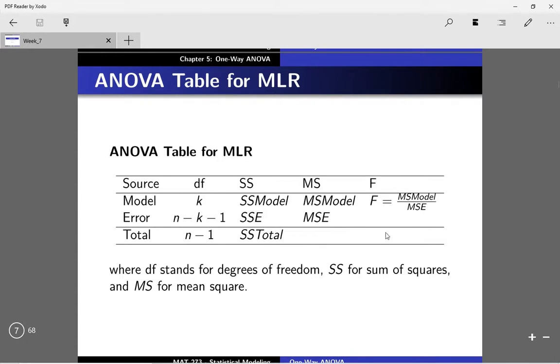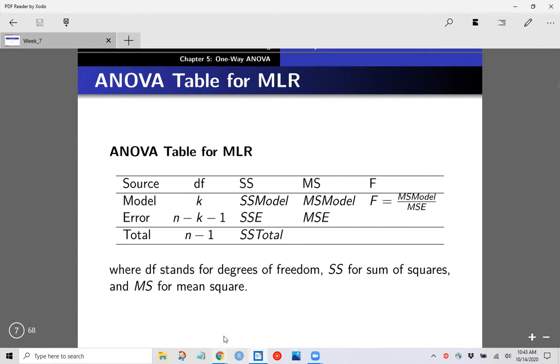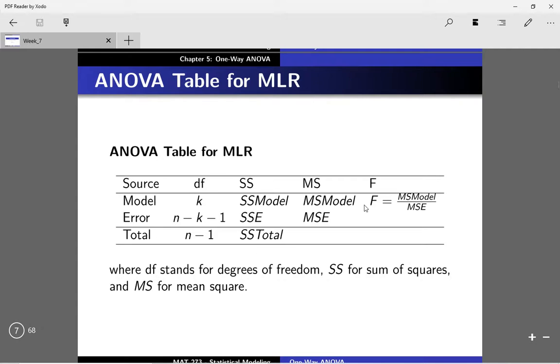So for example, if we know the SS model and the SSE, we can add those together to get the SS total. Additionally, the SSE divided by the degrees of freedom error gives us the MSE. So SSE over n minus k minus 1 gives us MSE. There are a lot of nice relationships in this table like that that are useful to know how to calculate.